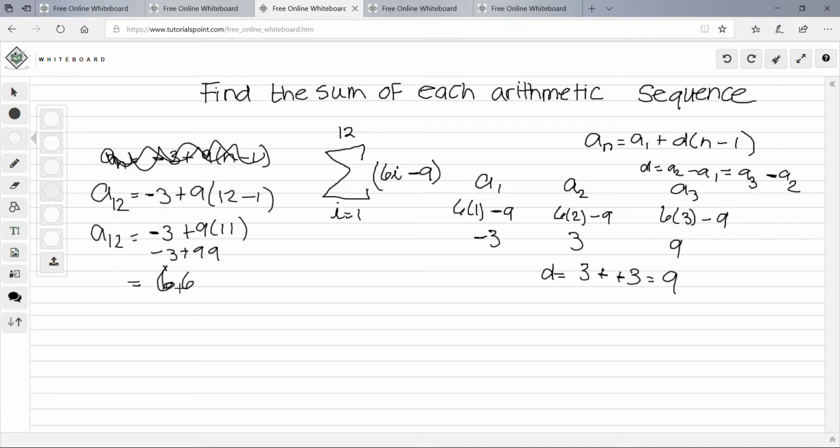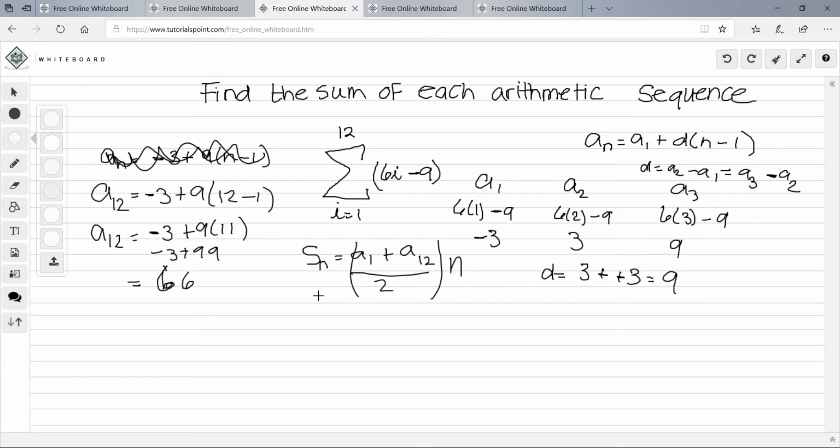So now let's use the partial sum of an arithmetic sequence. We're going to use this formula: Sn equals first term plus nth term, divided by 2, times n.